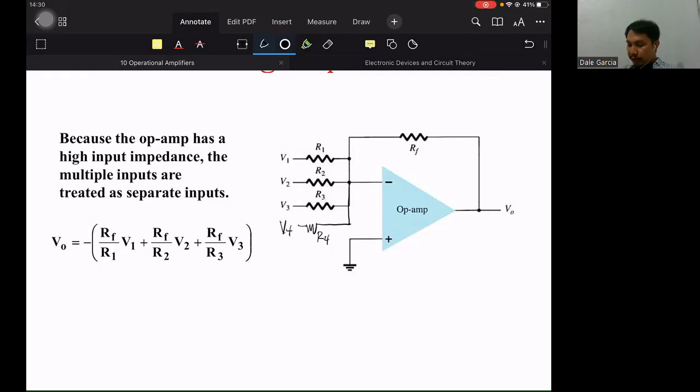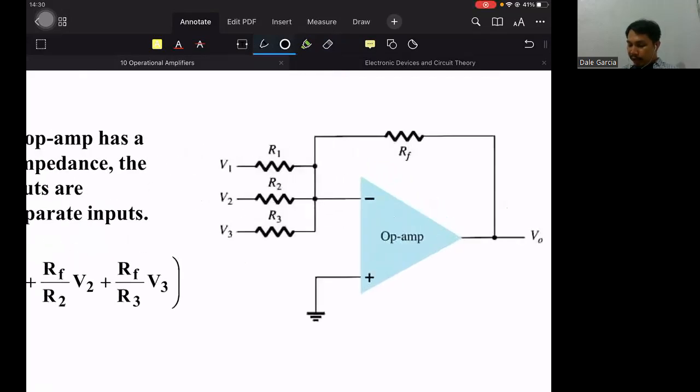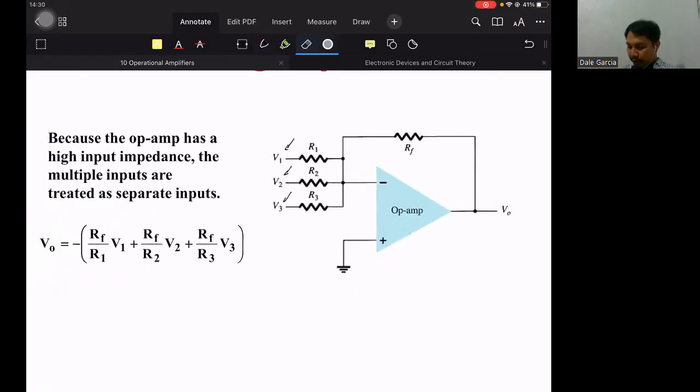So each individual branch could have different amounts of gain. The gain of V1 can differ from the gain of V2 and V3, if R1, R2, and R3 are not the same. The formula will differ. Now, what if they are the same?